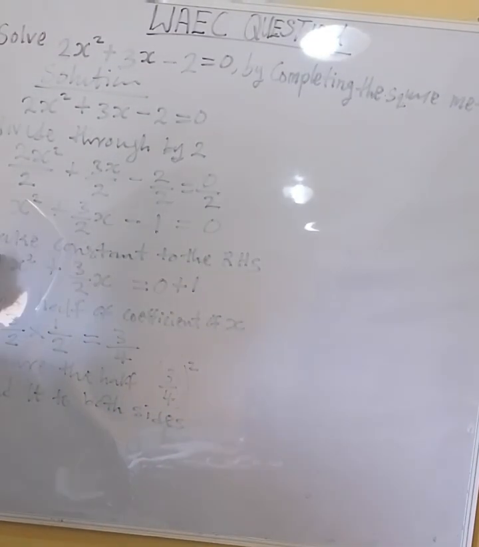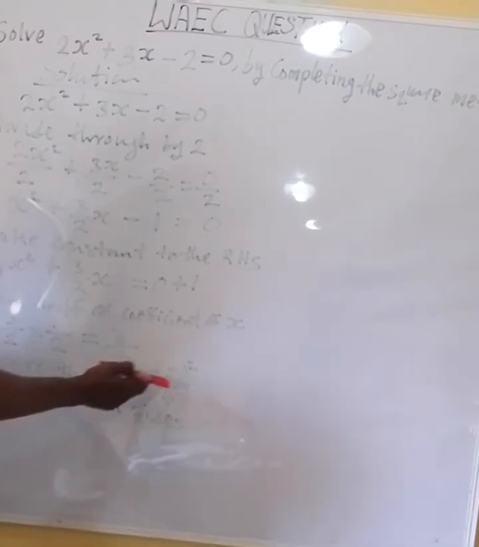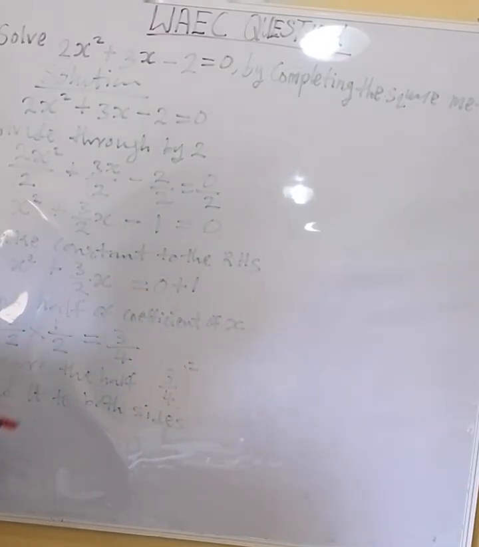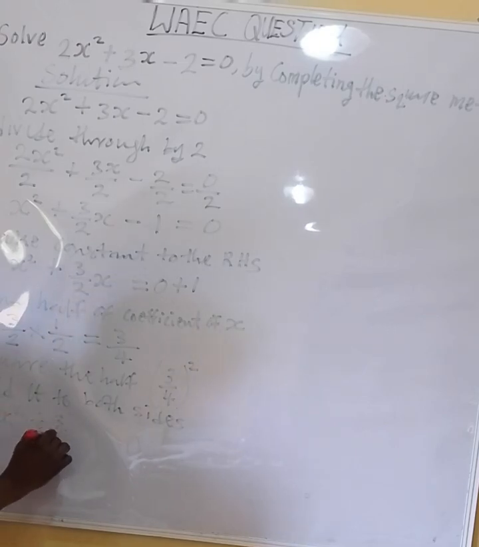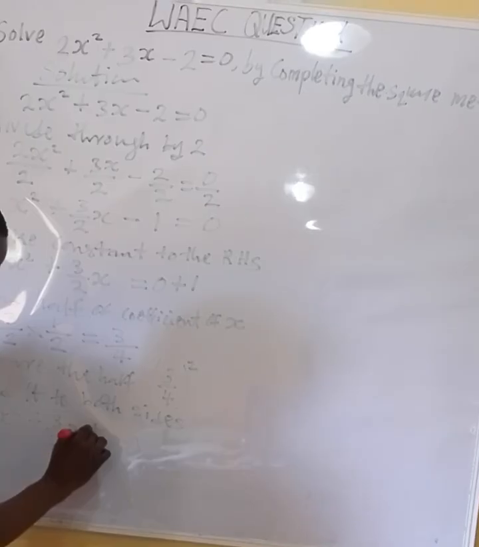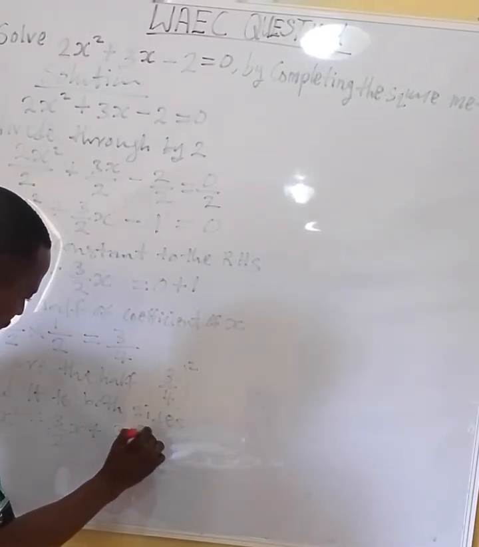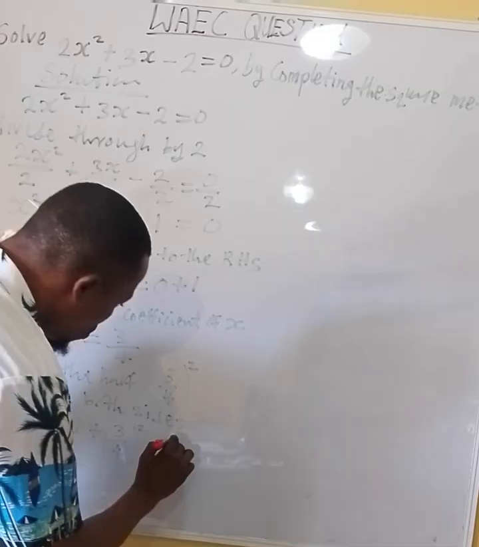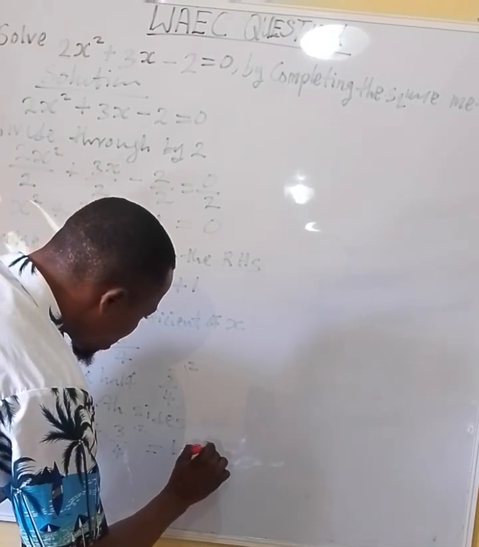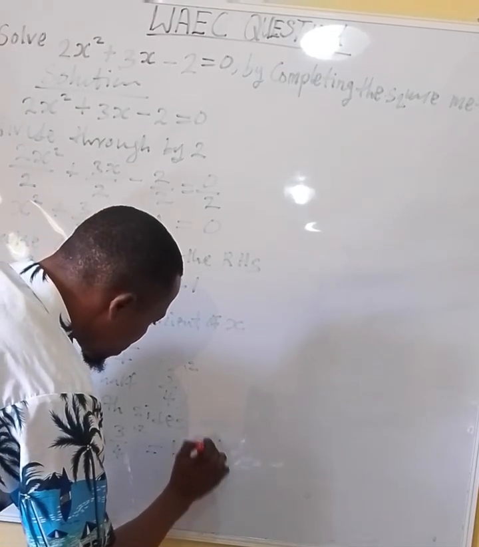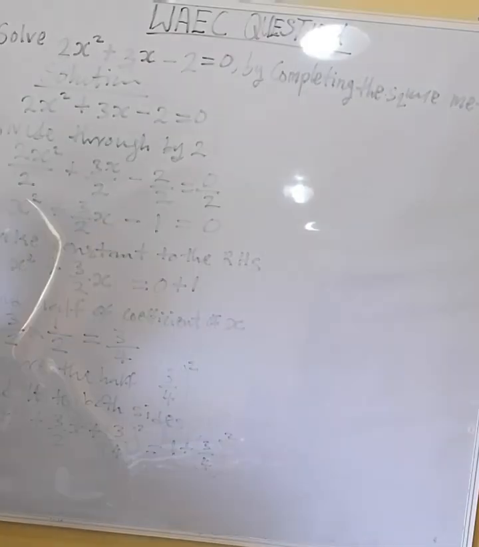So you go back to where we stopped, which is here. You add 3 over 4 squared to both sides. It will give us x squared plus 3 over 2 x plus 3 over 4 squared equals 1 plus 3 over 4 squared.